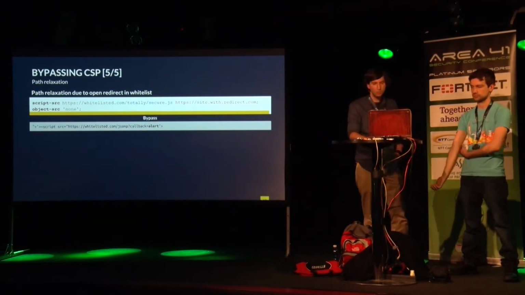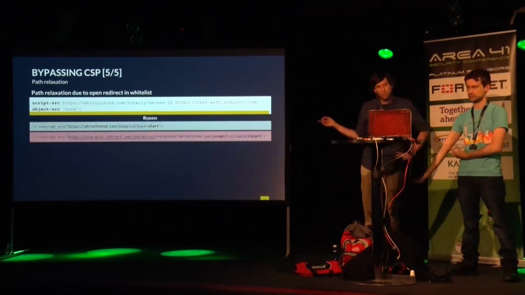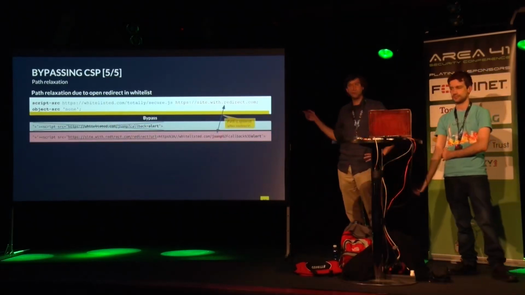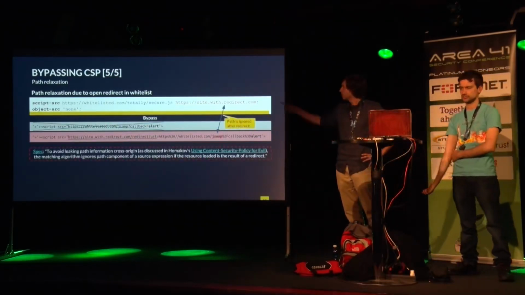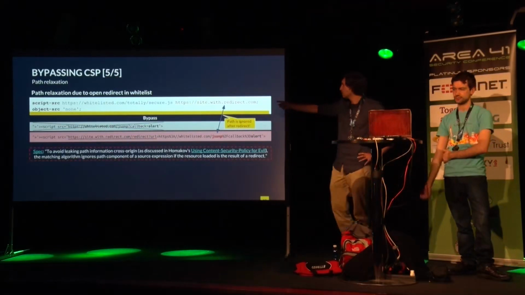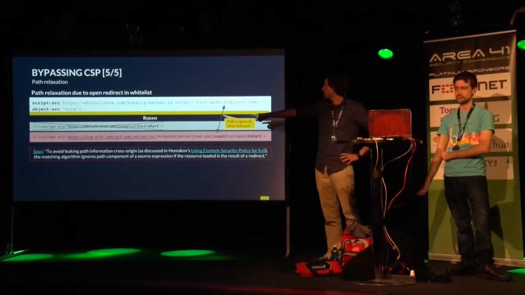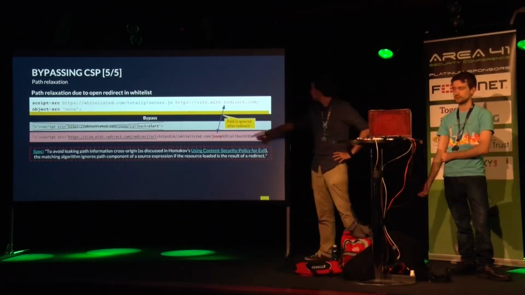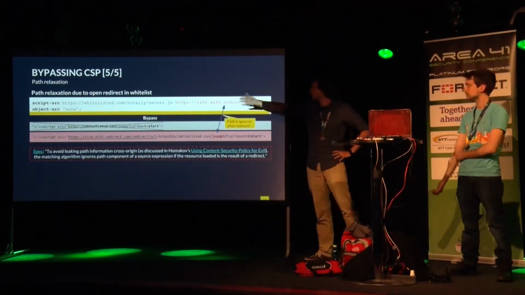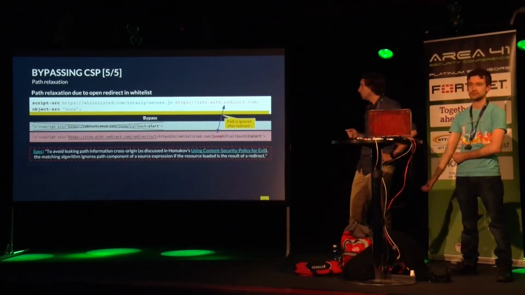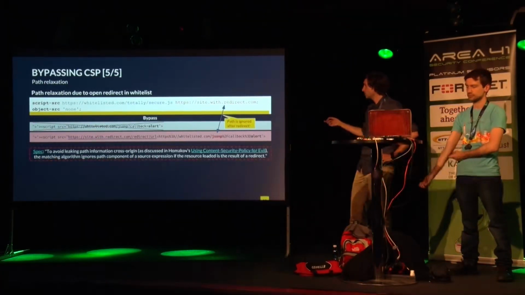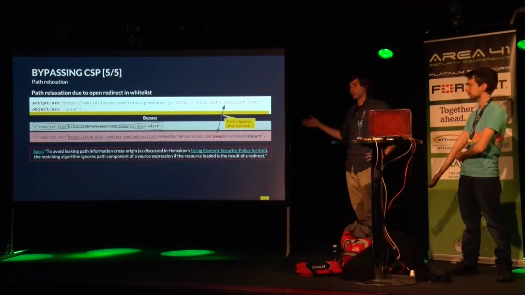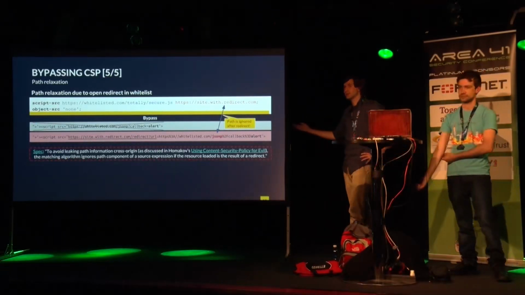But what he could do is source that file through the open redirect from the whitelisted origin, and just put the insecure one as the redirect URL. And although there's a JSONP in the path and it's not totalsecure.js, it will work because CSP ignores the path after a redirect.